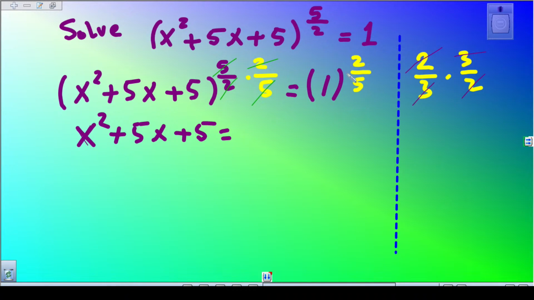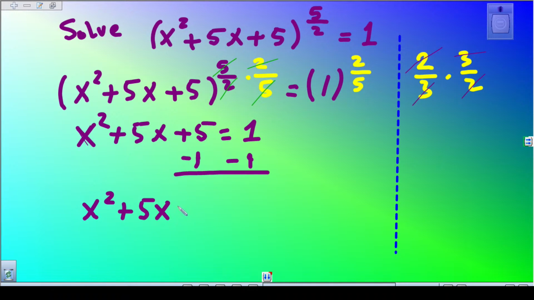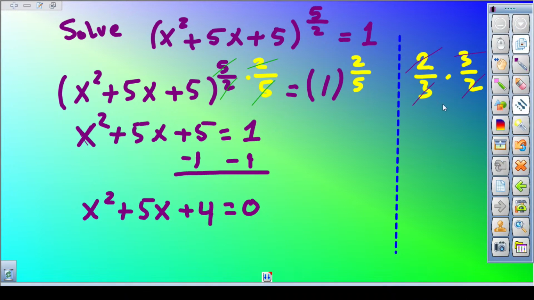Well, again, 1 raised to any power is going to be just itself, 1. Now we're going to subtract the 1 from both sides. Subtract the 1 from both sides. And that should lead us to x squared plus 5x plus 4 equals 0. Yes, equals 0. And then we have to do some work with quadratic again.